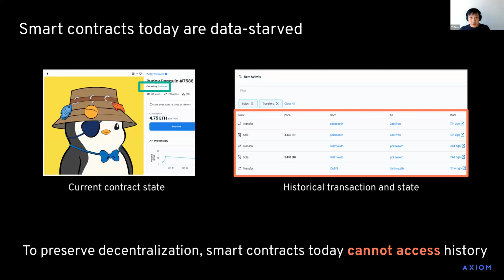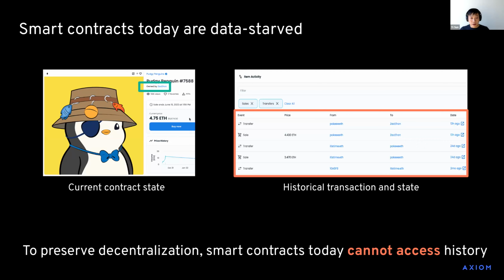What that means is that smart contracts really can access a limited fraction of all data that's even on-chain today. So if you look at a listing page on OpenSea and you try to identify which pieces of on-chain data are actually accessible to smart contracts from that page, you'll quickly realize that it's actually just the present owner.